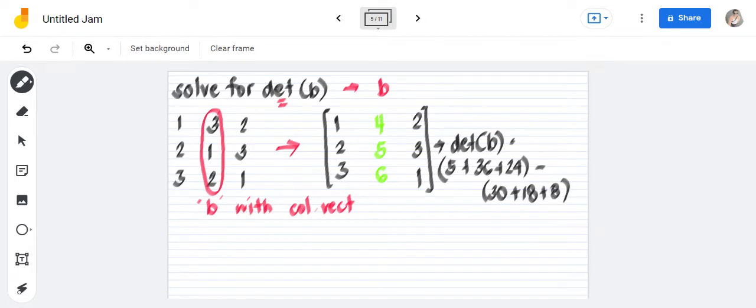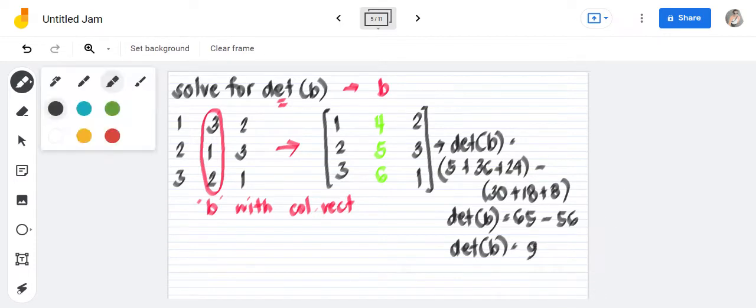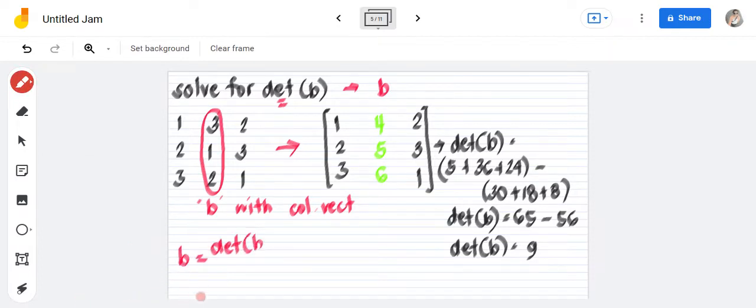That is equal to 65 minus 56, simplified as 9. With that value, we can now solve for b, which is the determinant of b divided by the determinant of your coefficient matrix, or 9 over 18, giving us a simplified value of 1/2.